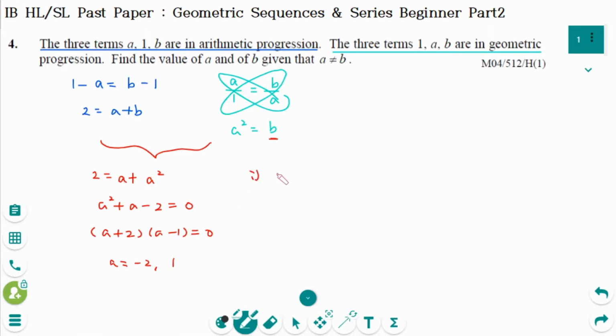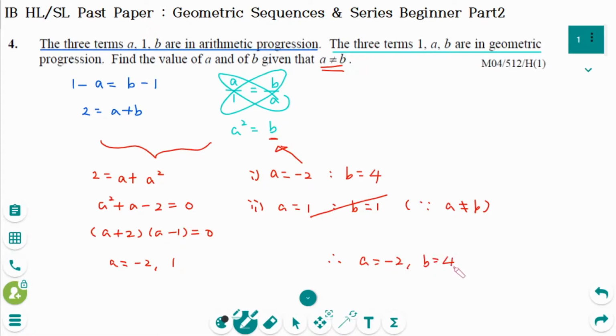First case, if A equals minus 2, then B equals 4. If A equals 1, then B equals 1. It's not working because A cannot be B. Therefore, the answer is A equals minus 2, B equals 4.